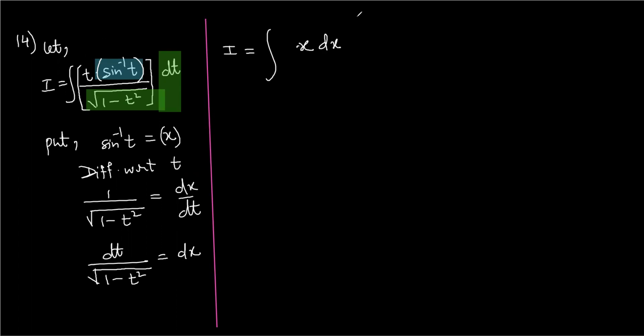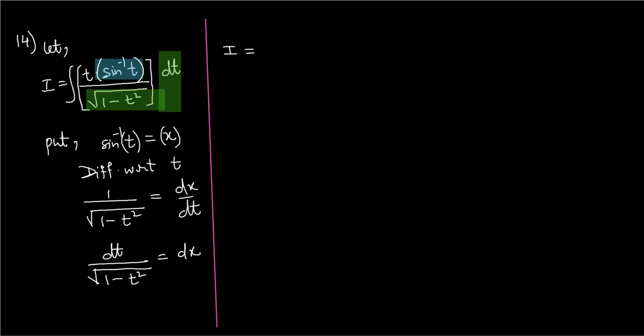So here, what do I write? Since sine inverse t is x, what is t? t is sine of x. Sine inverse t is x, so t is sine of x. So for t, I write sine x. Let's have a repeat.